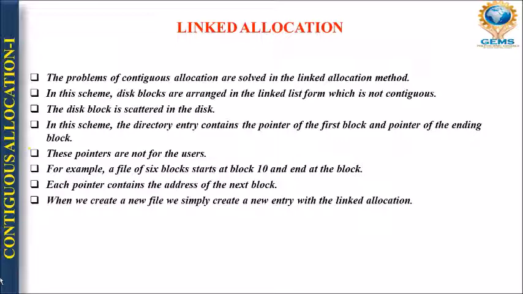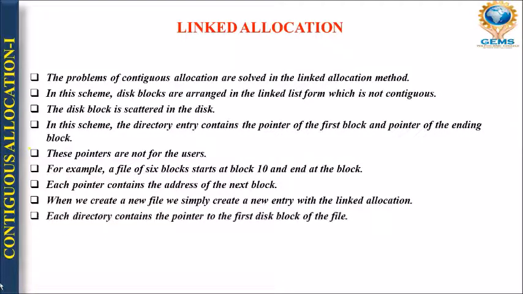When we create a new file, we simply create a new entry within the linked allocation. Suppose we are creating a new file, so one linked pointer is also created along with that file. Each directory contains the pointer to the first block of the file. That means we have to maintain a table.